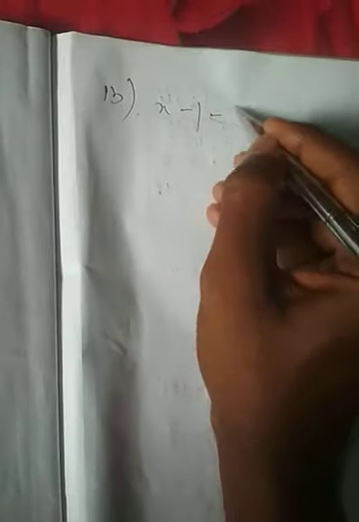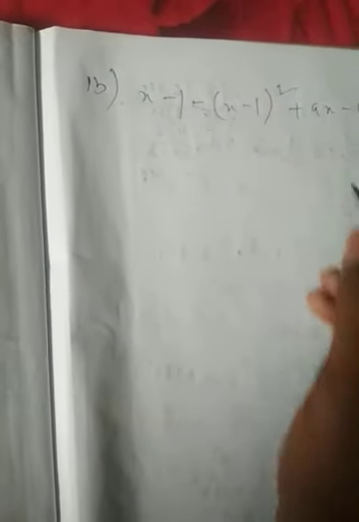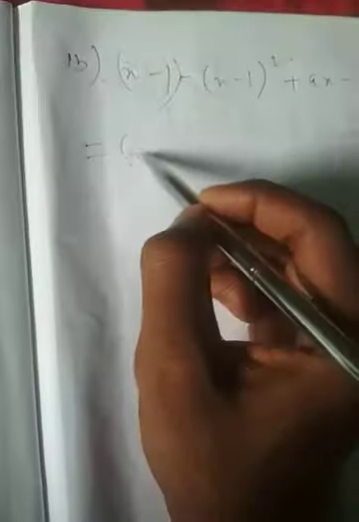The last math is given, number 13 from exercise 4.2: x minus 1 minus x minus 1 square plus ax minus a. Look at that. From these terms you can take the common x minus 1.